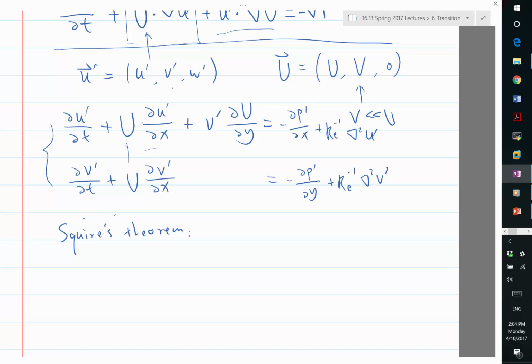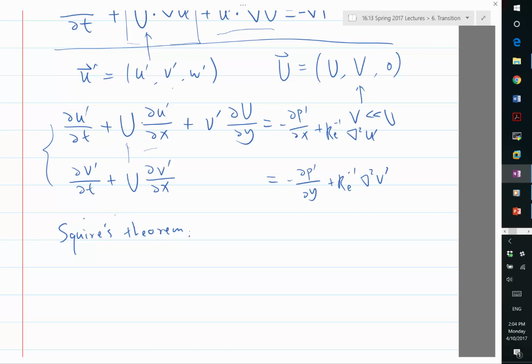This is saying that if you have an instability mode that involves a non-zero spanwise velocity, then you can always find a corresponding 2-dimensional mode, which means a mode that does not have any velocity in the spanwise direction, that grows even faster.